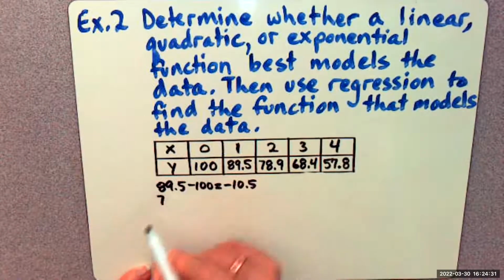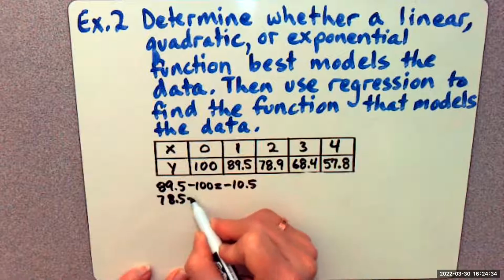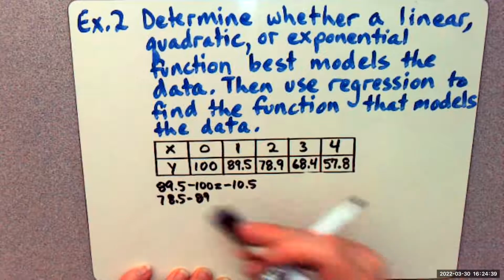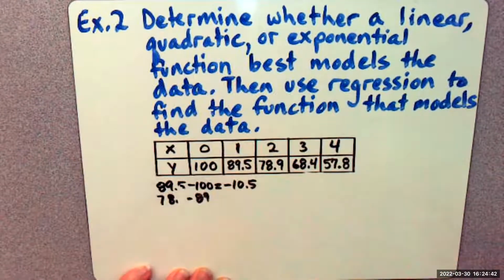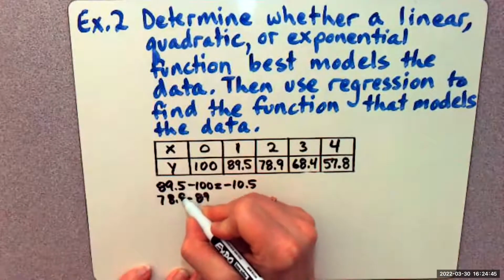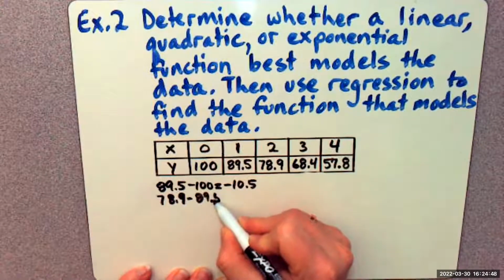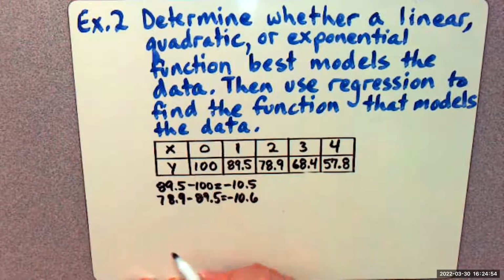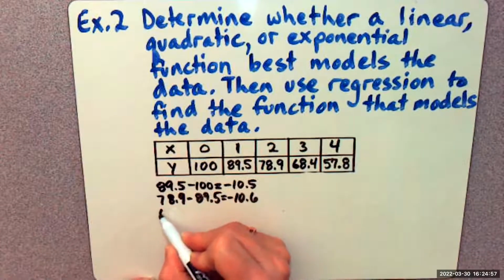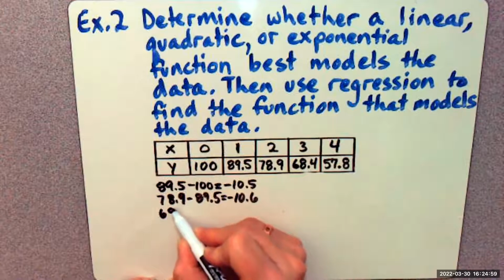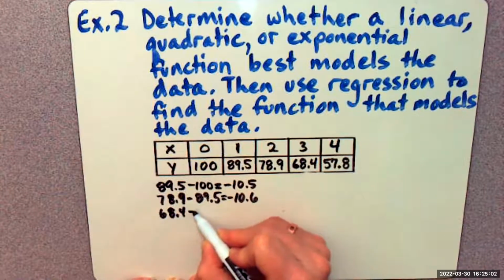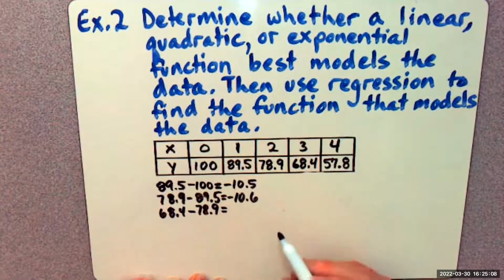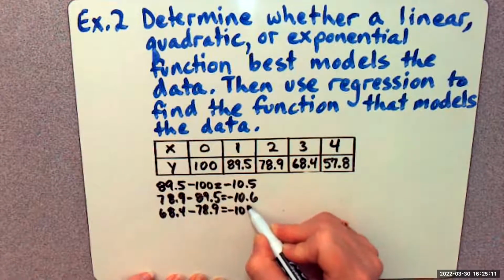When we take 78.9 and subtract 89.5, that gives us -10.6. When we subtract 68.4 minus 78.9, that gives us -10.5 again.